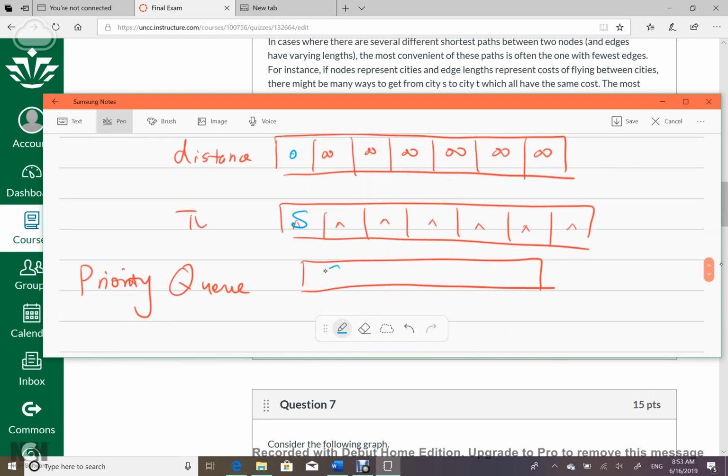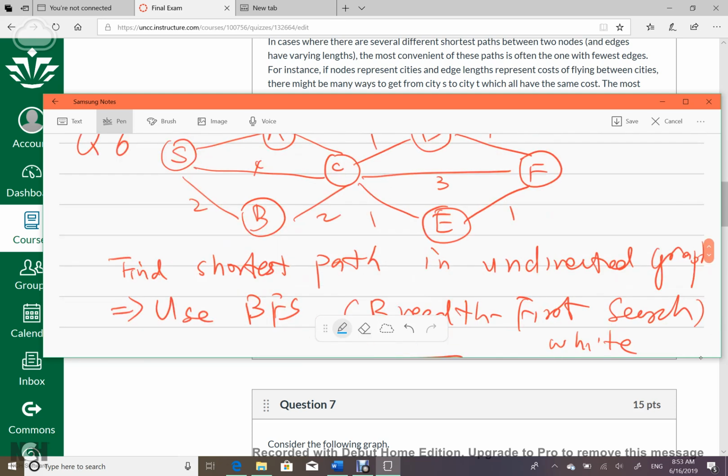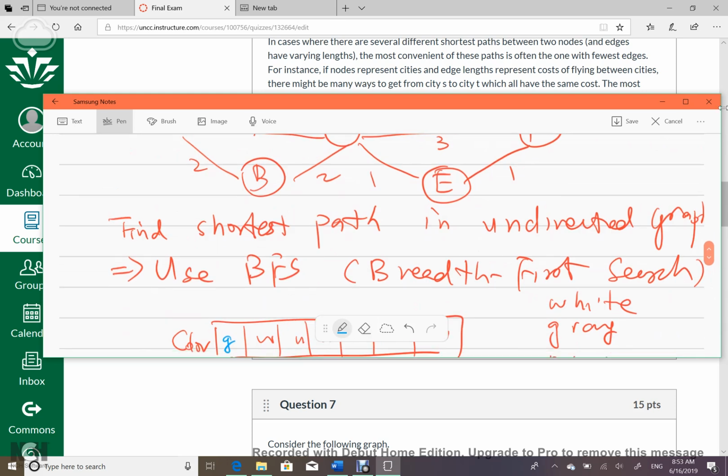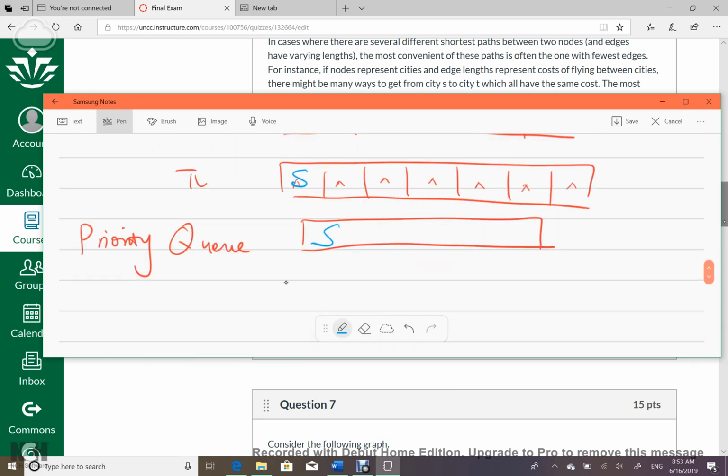So you have S in the queue. And then after that, for these steps, you have A, B, C, as you see, and you DQ, right? It's NQ and DQ. DQ S, and in Q, what?